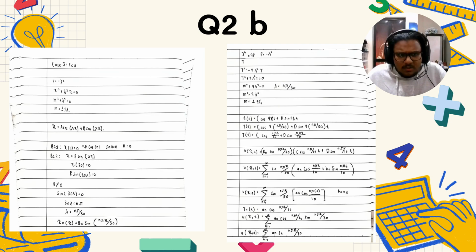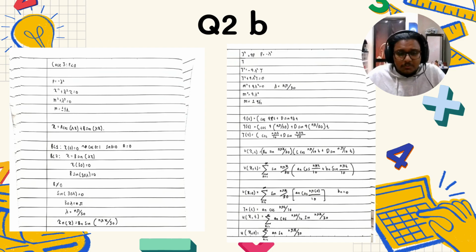So now we move on to the time dependent part of our separation of variables. Our equation for time is given by T'' over T = 9p. Substituting our known value of p = negative lambda squared, we rewrite this as T'' = negative 9 lambda squared T, which simplifies to the standard form T'' + 9 lambda squared T = 0.